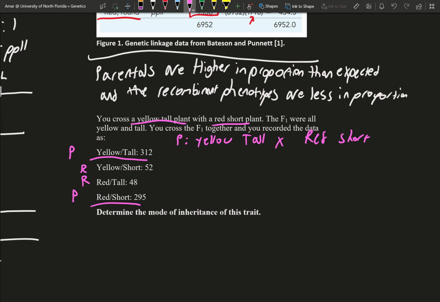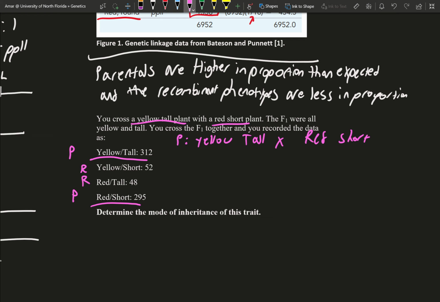Typically in these problems you will be given an F1 that is all heterozygous, because you're crossing true breeding individuals in the parents. Because the F1 is always heterozygous, you should always expect a dihybrid cross situation where you get a 9:3:3:1 ratio. If there's a difference from that, then it could be because of gene linkage.